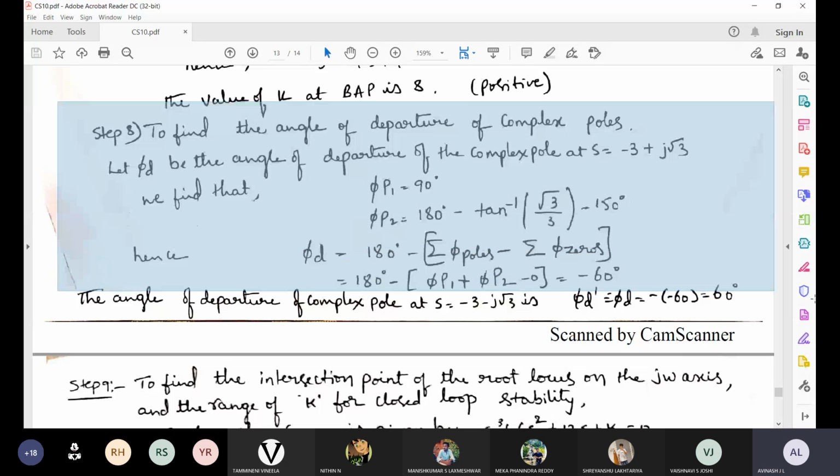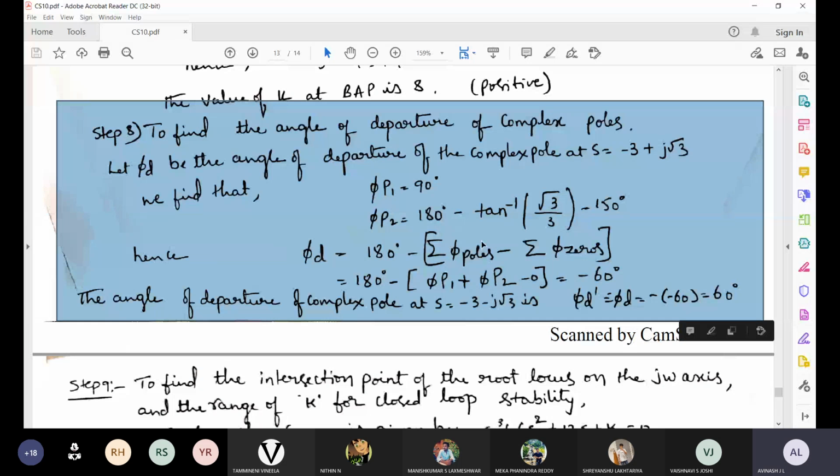Now here, for the angle of departure, two poles are going to be taken. We have taken minus 3 plus j root 3. There is another root, that is minus 3 minus j root 3, also. But for the calculation purpose, we are finding for one pole at a time.